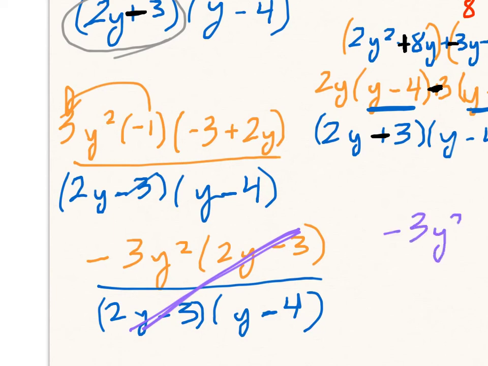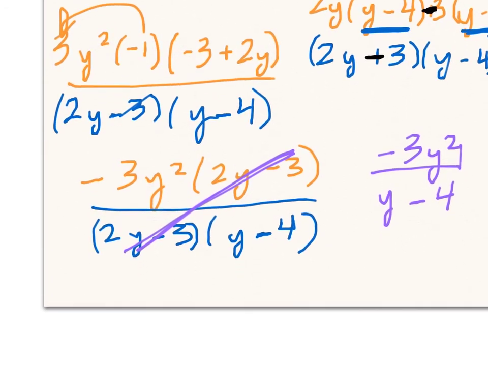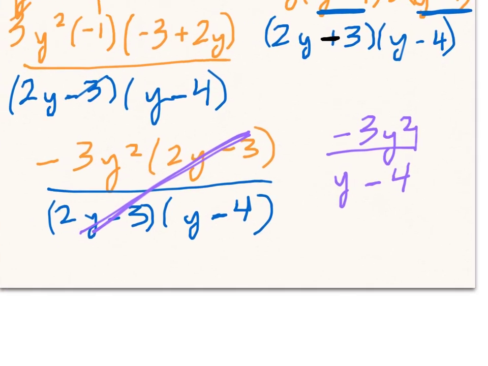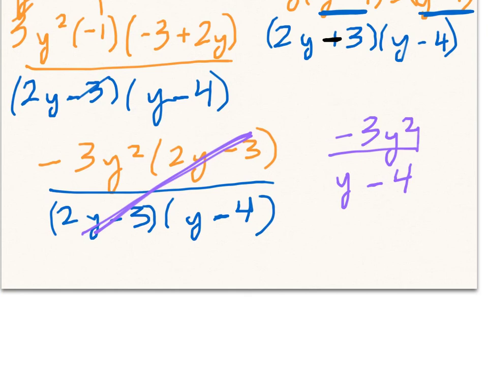Negative 3y squared over y minus 4. Let's take this last opportunity to think about what would make my little function in purple there undefined. If we were to put maybe a 4 right there, that would make the denominator 0, right? So this is undefined at y equals 4. Good luck.